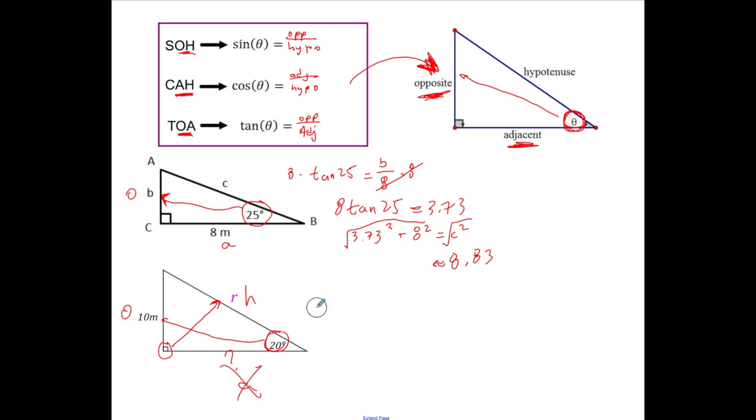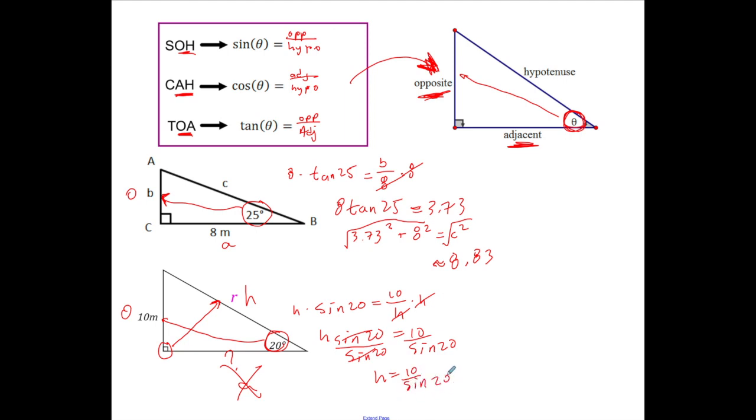I'll say sine of 20 equals opposite 10 over hypotenuse. If I multiply both sides by H, I'm left with H sine 20 equals 10. I need to get H by itself, so divide both sides by sine 20, and I'm left with H equals 10 over sine 20.